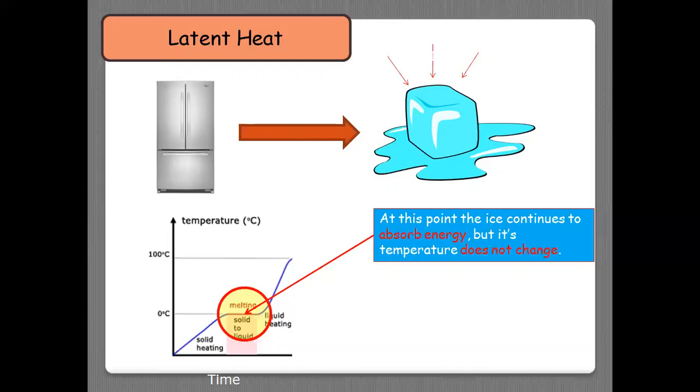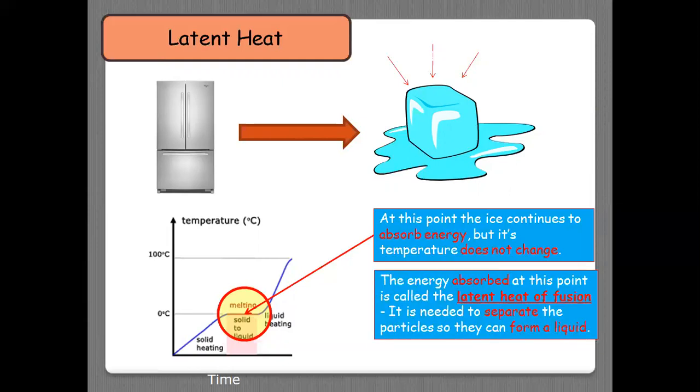The energy absorbed is called latent heat of fusion. It is needed to separate the particles and weaken the intermolecular force between molecules. The potential energy increases while the kinetic energy is constant, since the temperature is constant during this period.